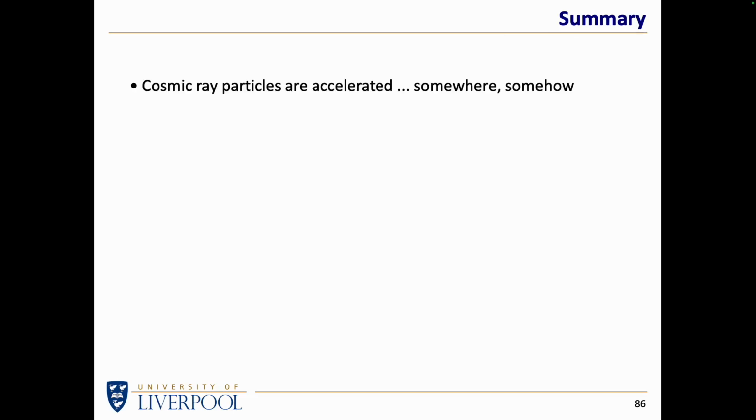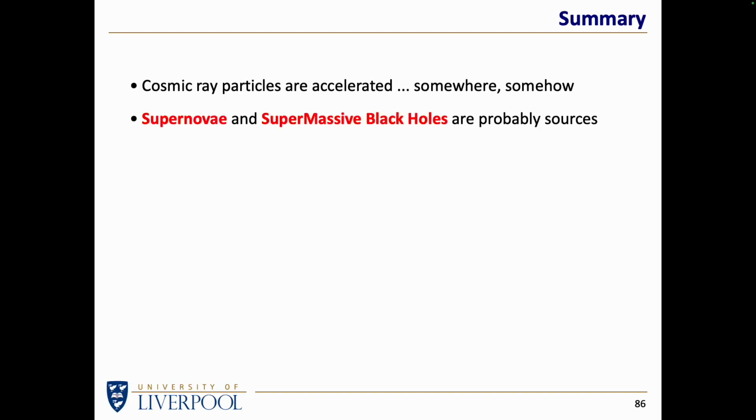Cosmic rays are accelerated somewhere, somehow. We basically do not know. We think perhaps supernovae are involved, perhaps the jets of supermassive black holes are involved. How else can you get a particle to those incredibly high energies unless it's these really violent events such as supernovae or black holes?